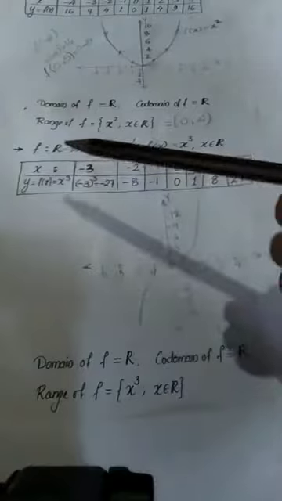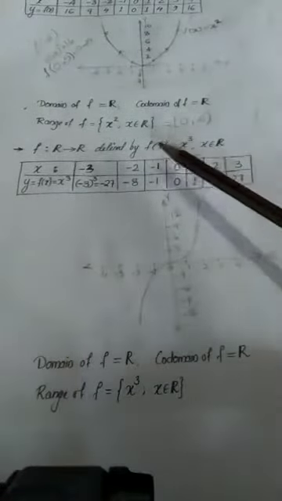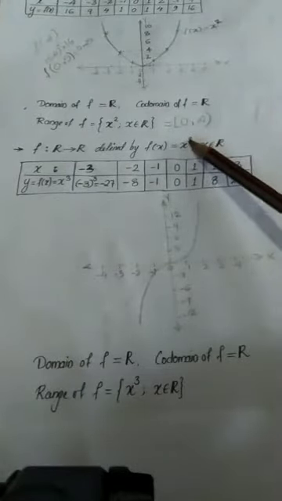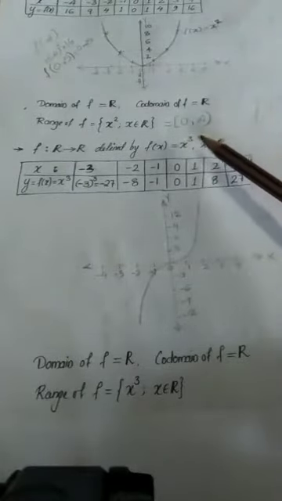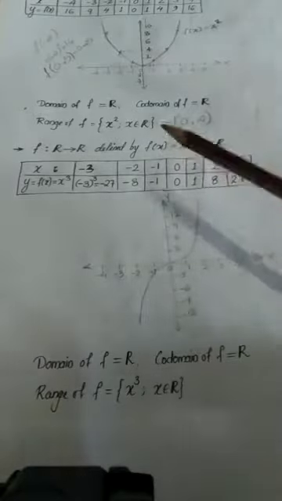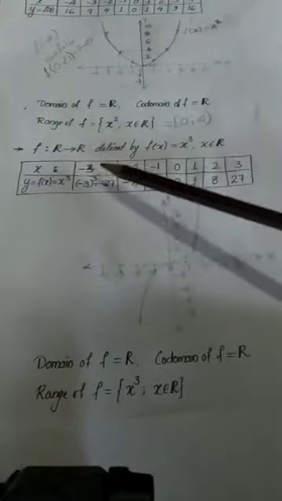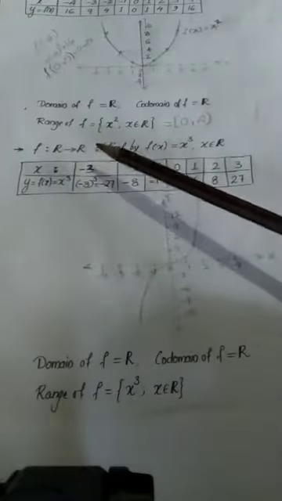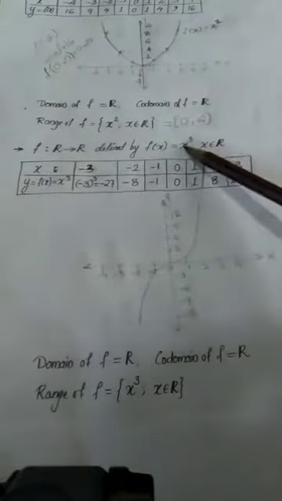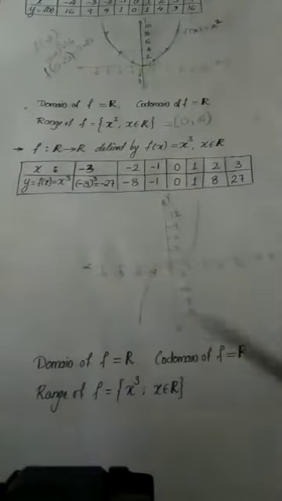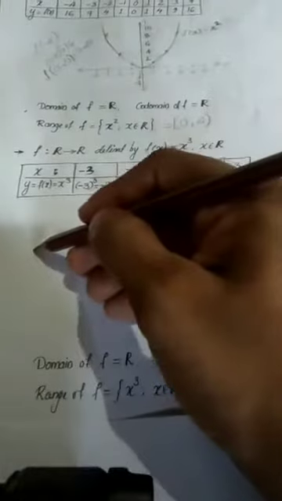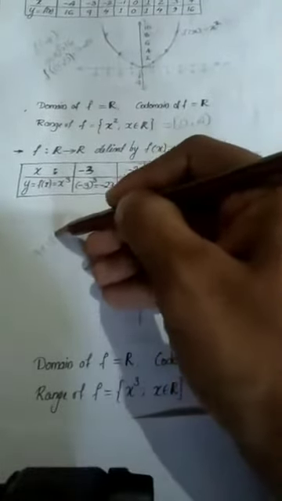Look at the next function, f from R to R defined by f of x equal to x cube, x belongs to R. So I'm taking some values here. Minus 3 whole cube. What is that? Minus 1 into minus 1 into minus 1.